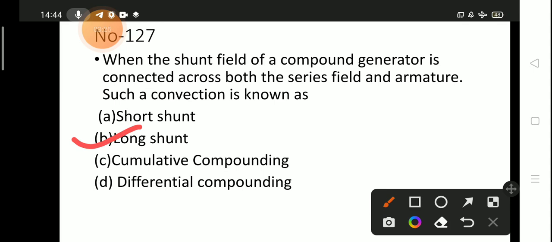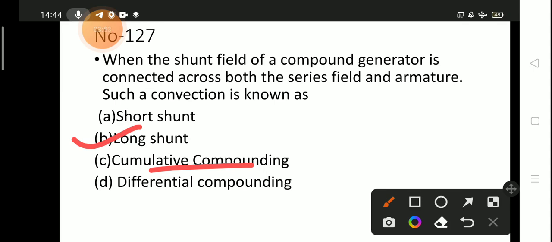In a compound generator in which only the shunt field winding is in parallel with the armature winding, that is short shunt. And in long shunt, the shunt field winding is in parallel with both the series field and armature winding. In cumulative compounding, the generator consists of both series and shunt field windings, where the major portion is shunt field and the minor is series field.